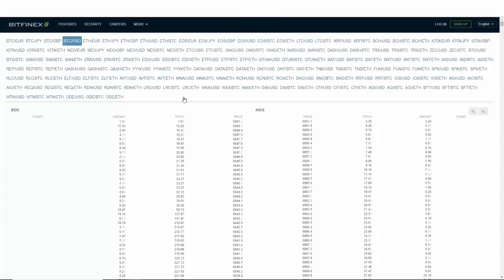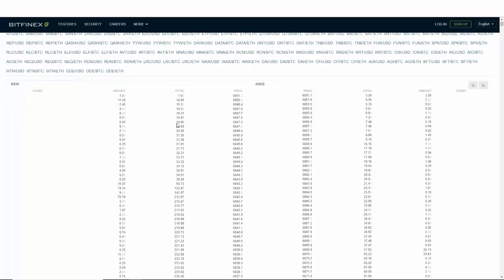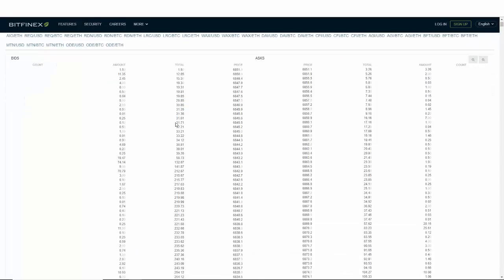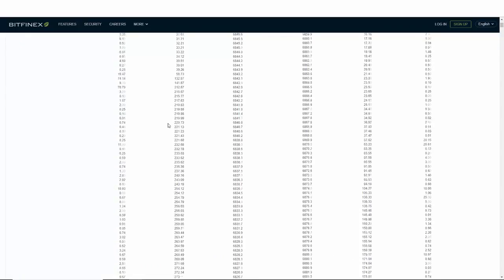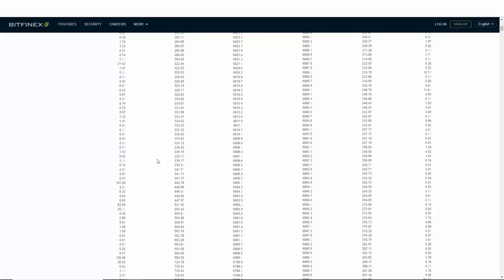This is the order book almost 8 hours later. And as we can see, the diversity across some of these levels has changed pretty substantially. But the same price points remain significant.